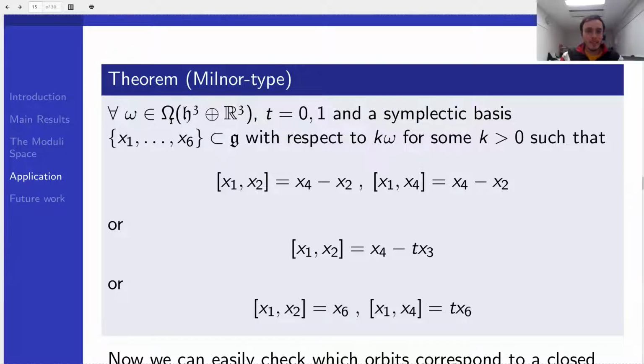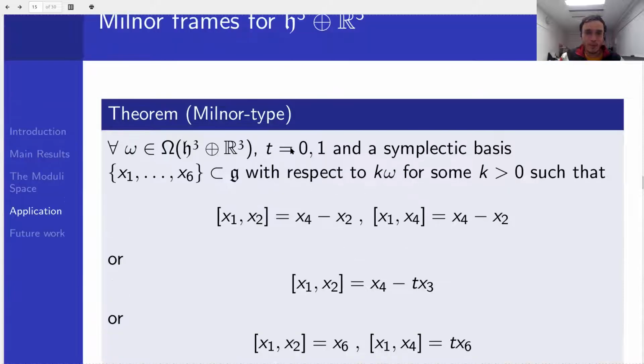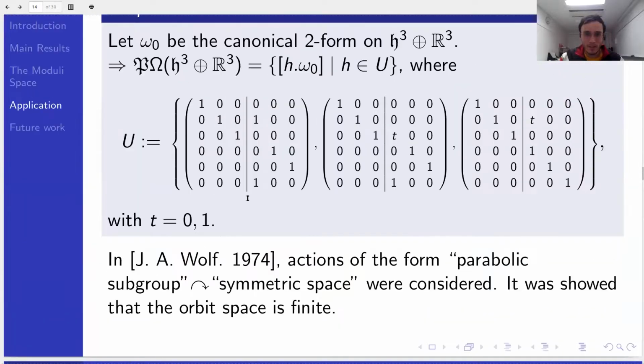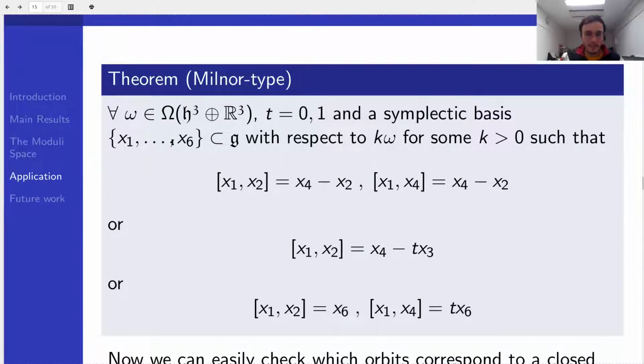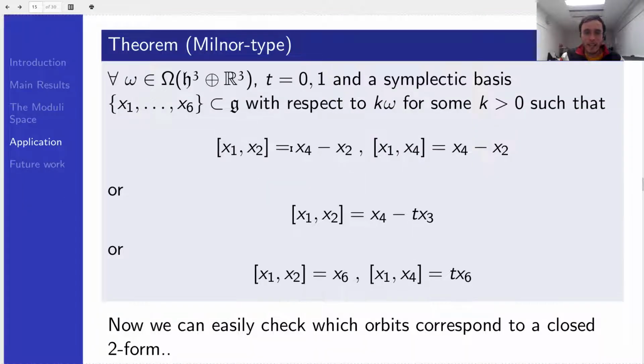For every non-degenerate 2-form here, there is a t, where t is 0 or 1, that comes from the parameter here, and a symplectic basis with respect to omega, such that the bracket relations are given by this, or by this, or by this. You can ignore the k here, it's just a technical detail.